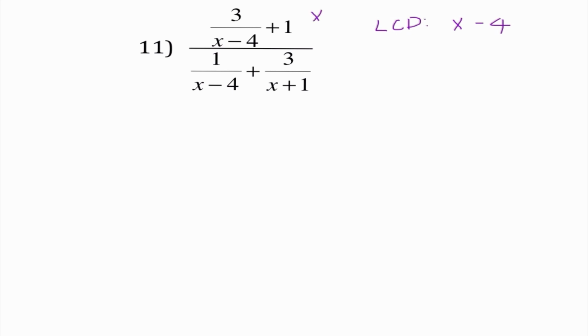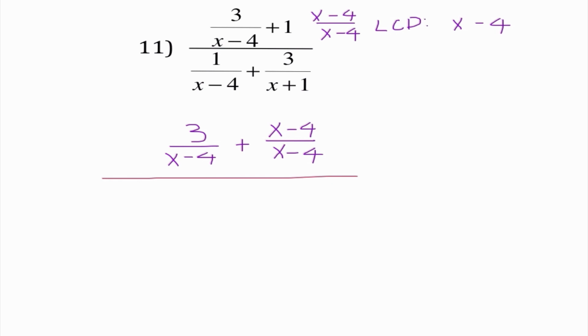So I'm going to have to multiply this by x minus 4 over x minus 4, which gives me 3 over x minus 4 plus x minus 4 over x minus 4 over. In the denominator, my LCD is x minus 4 times x plus 1.